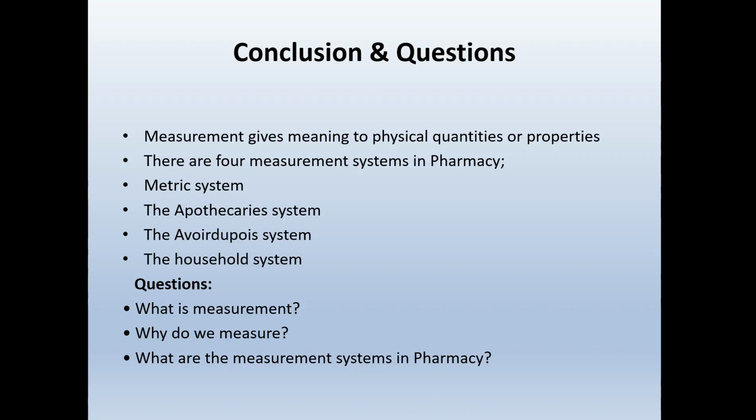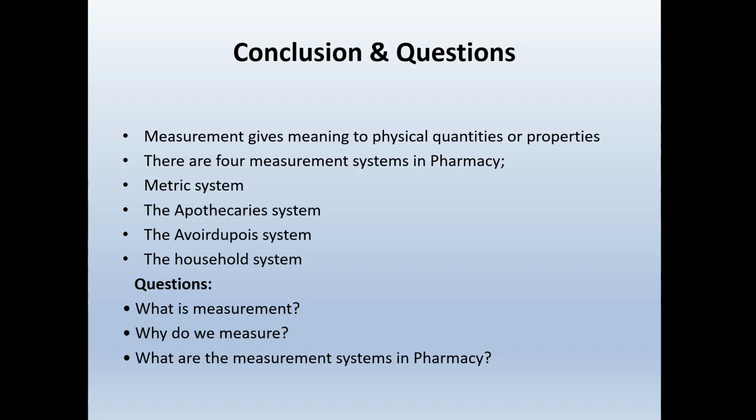You see the place of measurement in our everyday life, and when we bring it down to pharmacy, you begin to appreciate how important measurement is. If you miss measurements, there will be a lot of trouble in the world of pharmacy. So we have said that there are 4 basic systems of measurement in pharmacy.